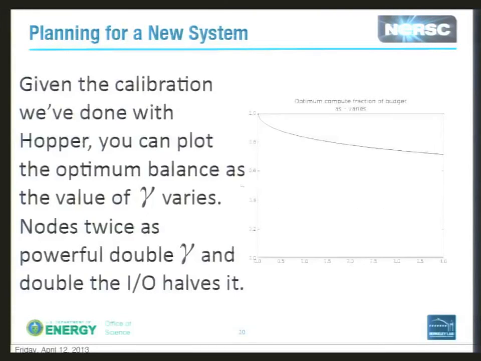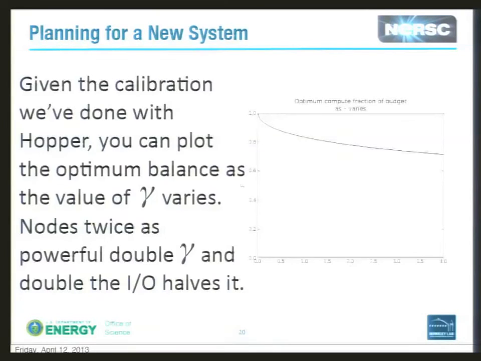You can then take this curve for Hopper. Gamma is now plotted on the x-axis, and where you see the 1.0 for gamma, that is basically saying, okay, we did Hopper. If you go up, you see the maximum is 83%.